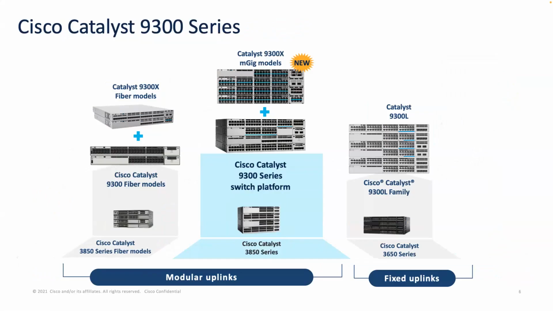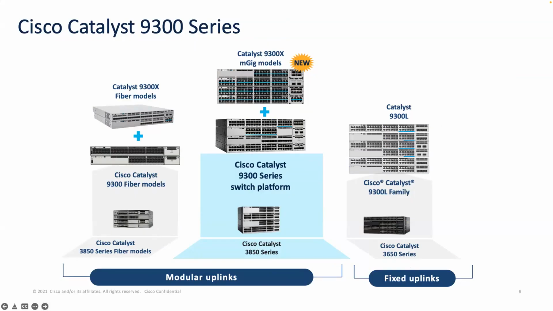The first one and the best-selling one in Cat 9K is the 9300. It's the access switch and it's the 1U fixed module, actually with modular uplink options. And for those with fixed uplinks, they are named the 93L series.